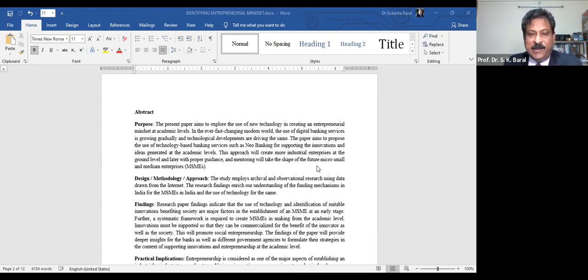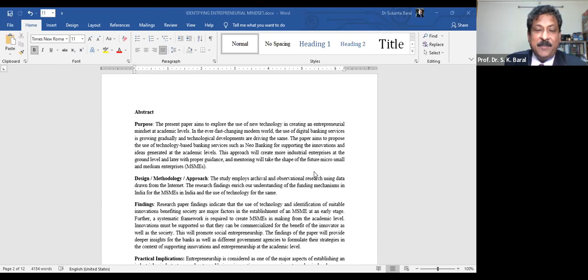This approach will create more industrial enterprises at the ground level, and later with proper guidance and mentoring will make the shape of the future micro, small and medium enterprises.